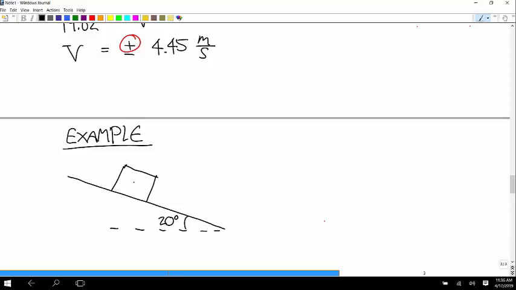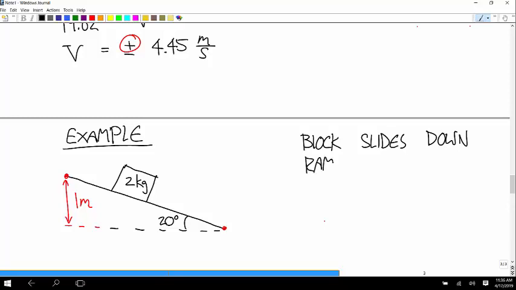We have a block on the incline with a mass of 2 kilograms, and it's going to slide down the ramp a distance of 1 meter, 1 meter vertically down, the same as before.